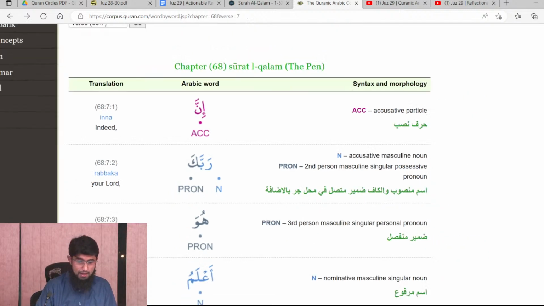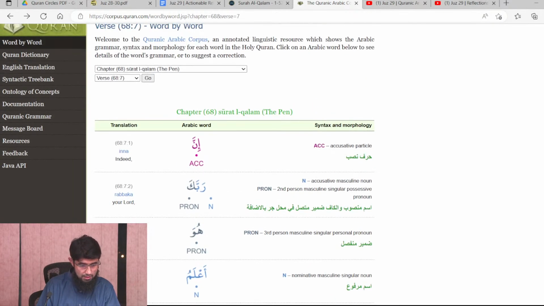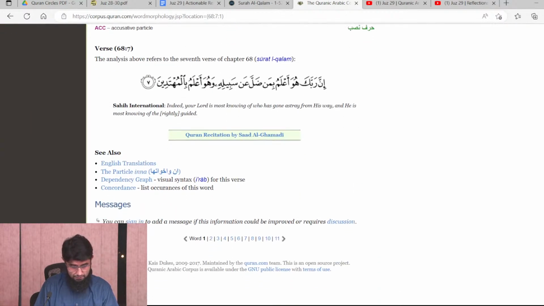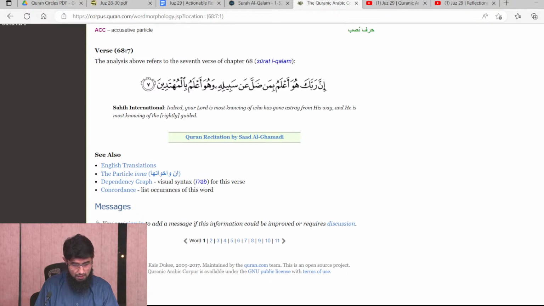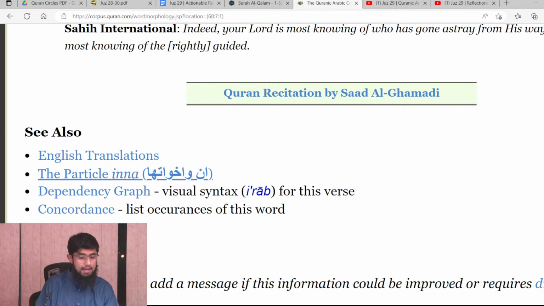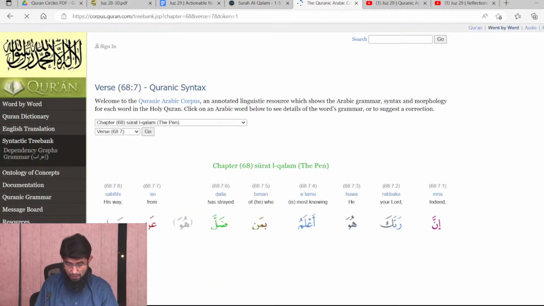Okay, so that's the reason here. If you wanted to see that, let me quickly show you as well. If you click on inna, for example, it's called inna wa akhawatuha. So the particle inna and its sisters make it in the mansub state. If I click on dependency graph, it will show you this.